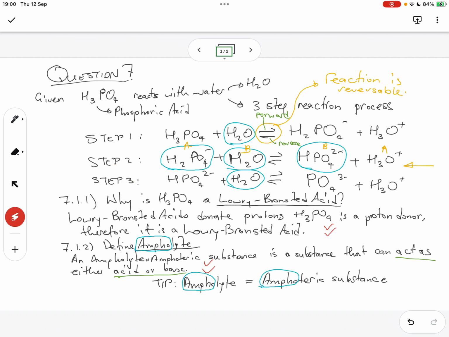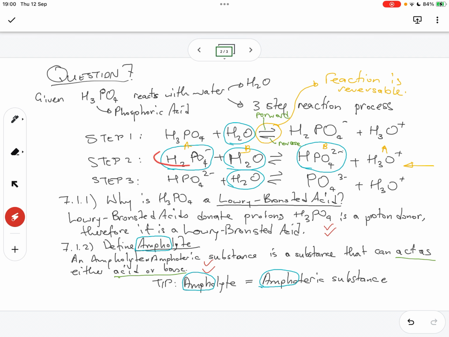So in the first step, we initially have the acid and water, which is acting as a base, and then it gives us this ion. So now it gives us these two products. This product here, H2PO4 minus, in the second step now acts as an acid.